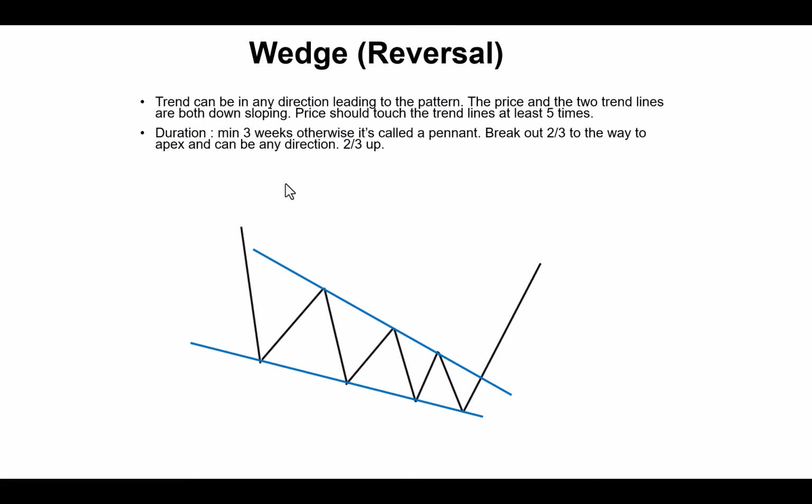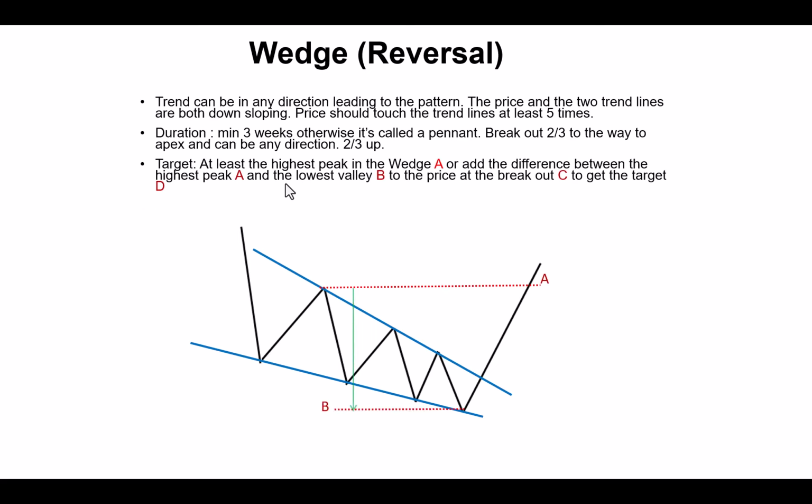So I really don't care if you call one of them a pennant or a wedge. I know so many out there call them all wedges anyway. Breakout, at least 2/3 of the way to the apex, sometimes a little bit longer. And usually, most of the time, it's up. It's rarely down, and it's usually then when it's a pennant.